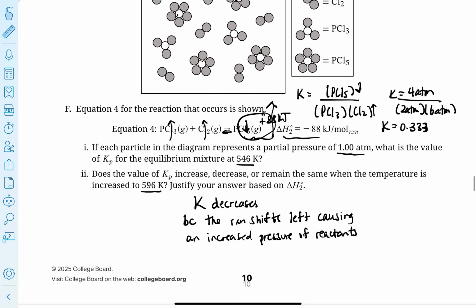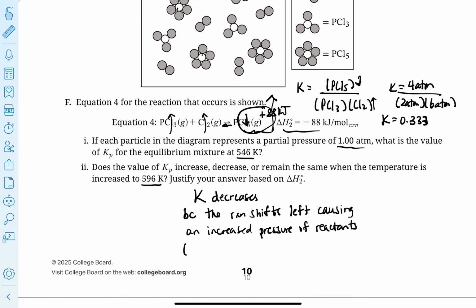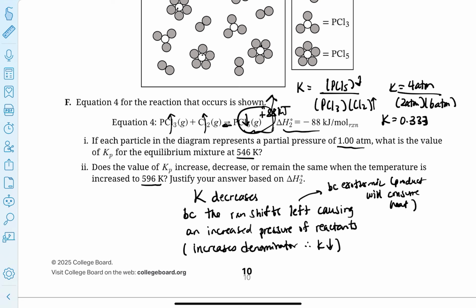Now, mathematically, what that will do is that will give you a greater denominator, so that increases the denominator, and therefore it will decrease K. Okay, now you should probably also say something here. The reason the reaction shifts left, it's because it's exothermic. So according to Le Chatelier's principle, the product will consume heat, shifting it to the left.